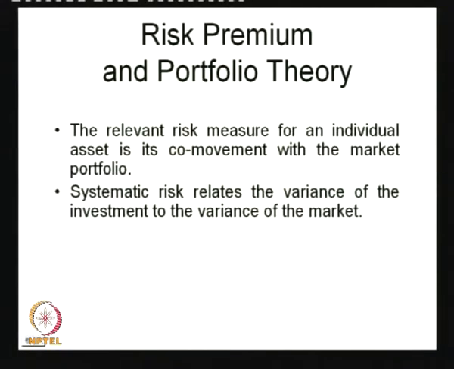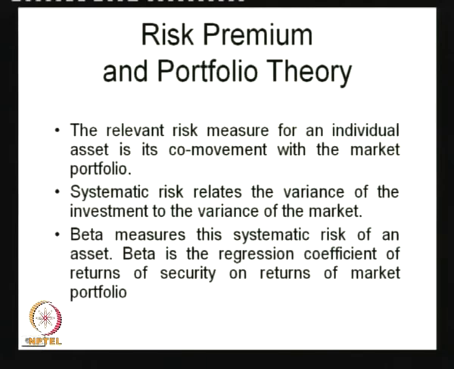All the shares, all the financial assets are likely to move with the market, and the market's movement is known as variance. So, the relation of the variance of the investment to the variance of the market is the systematic risk. Some of the investments may not move in the same proportion as the market; it may move in the same positive direction, but not necessarily equally proportionately with the market.